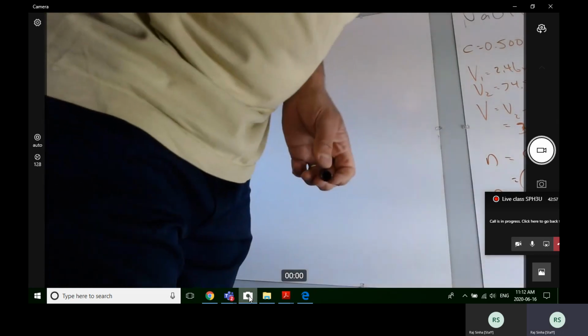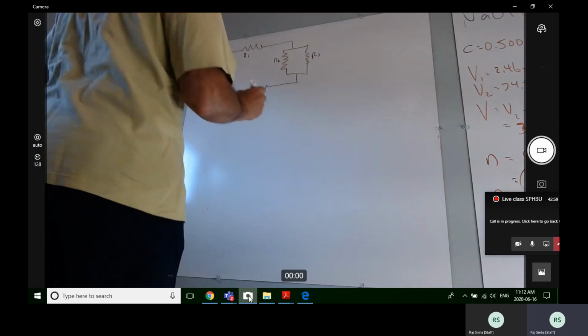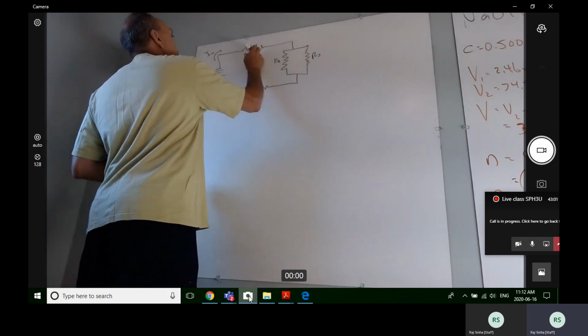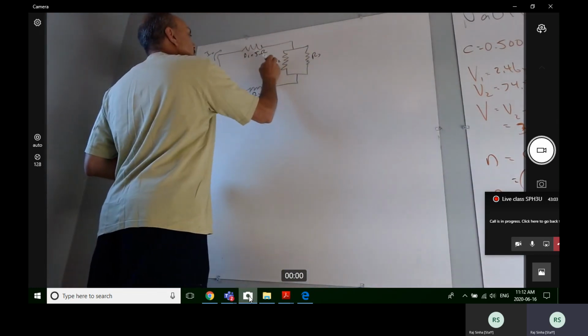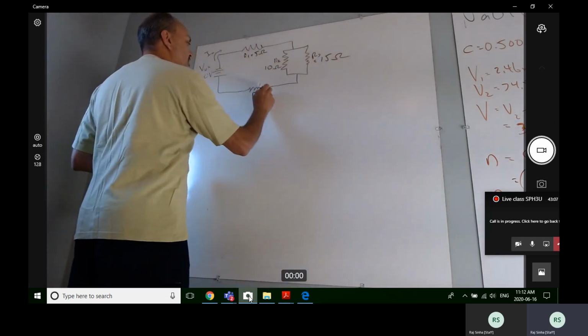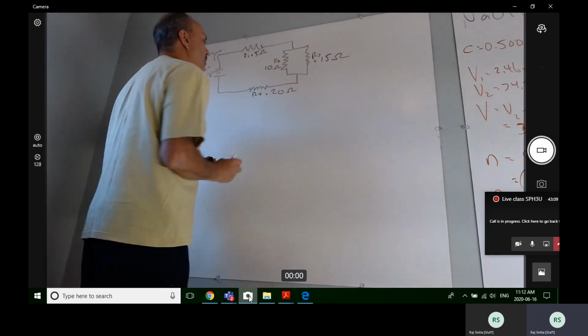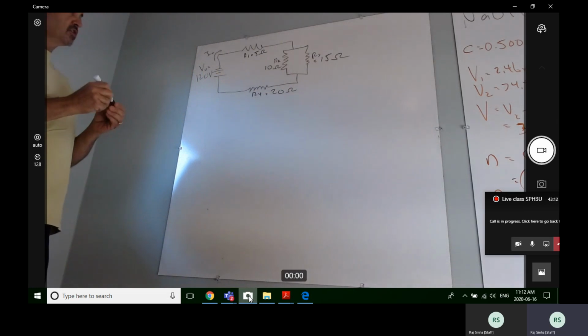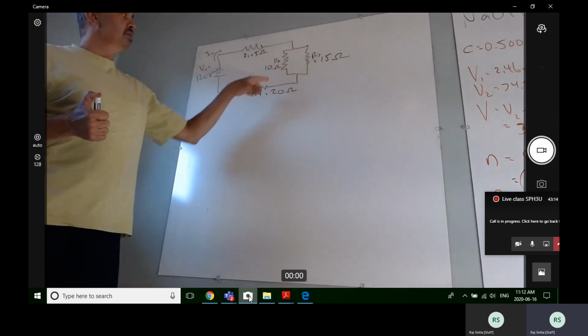Okay, and we're told that they are 5 ohms, 10 ohms, 15 ohms, 20 ohms. And like I said, the question is, what is I1, I2, I3, I4?